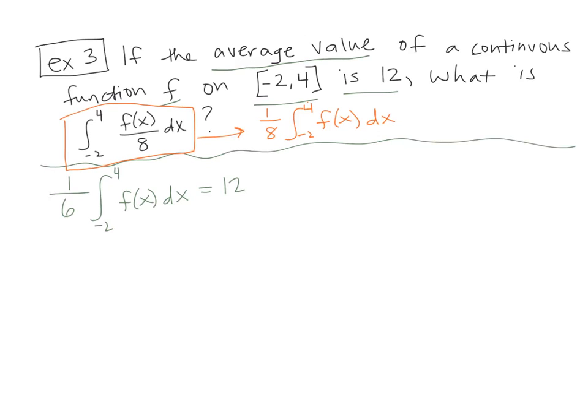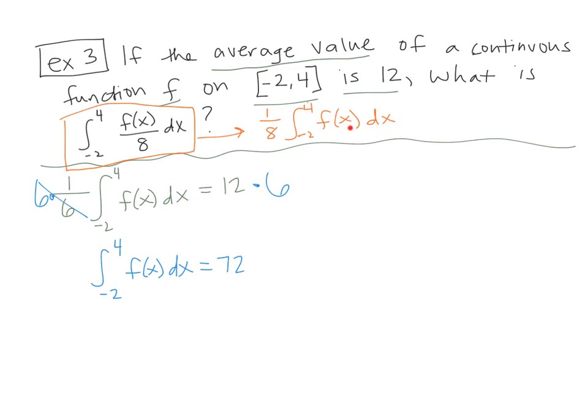Okay, so we have this now, what we're given. So what I'm going to do is get rid of the 1/6 by multiplying by its reciprocal on both sides. Right, so here's what we know. We know that the integral from -2 to 4 of our function is 72. Well, that's not quite answering the problem yet because we want to know basically what that integral is divided by 8.